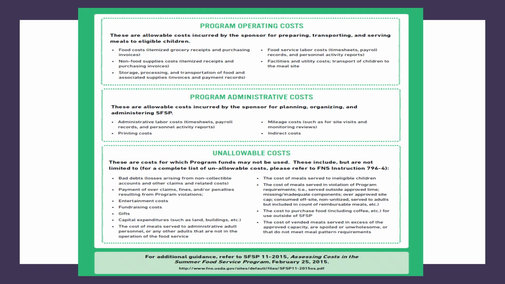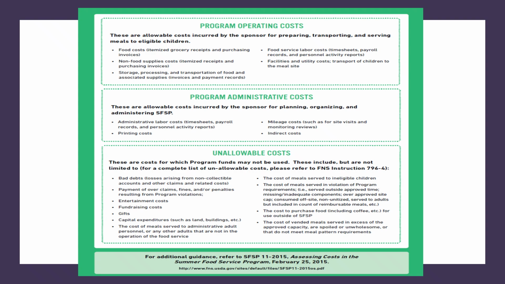Program operating costs. These are allowable costs incurred by the sponsor for preparing, transporting, and serving meals to eligible children. Food costs, non-food supply costs, storage, processing, and transportation of food and associated supplies, food service labor costs, records and personnel activity reports, facilities and utility costs, transportation of children to the meal site.